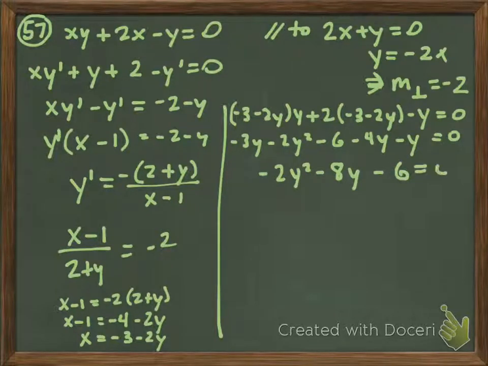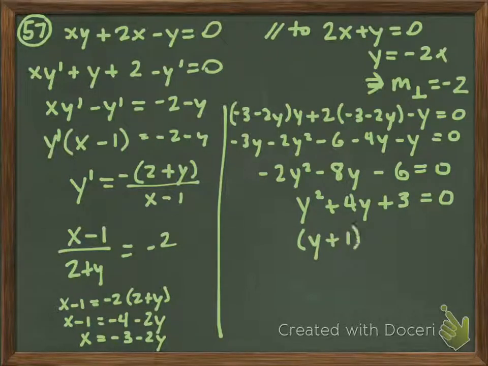Did I get everybody? All right, now I'm going to divide through by -2 because I can. And that gives me y squared plus 4y plus 3 equals 0. So then this is y plus 1, y plus 3 equals 0. So my normals occur at y equals -1 and y equals -3.